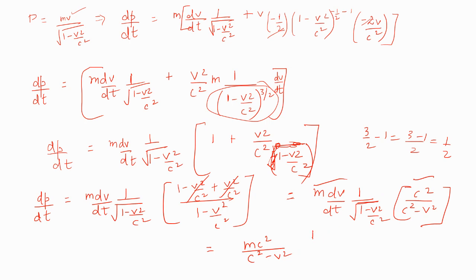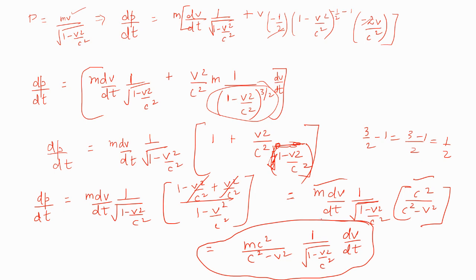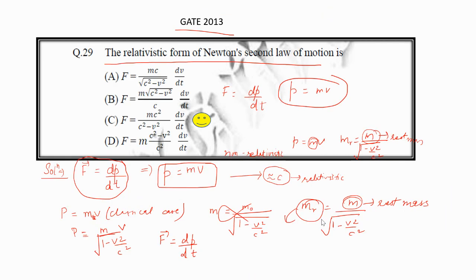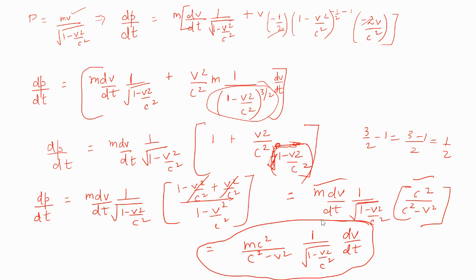This will be 1 upon under root 1 minus v square by c square dv by dt. And what is the answer for it? m c square... there is some calculation mistake from my end. I have to look up again where I am going wrong.